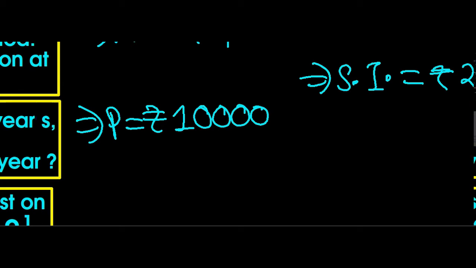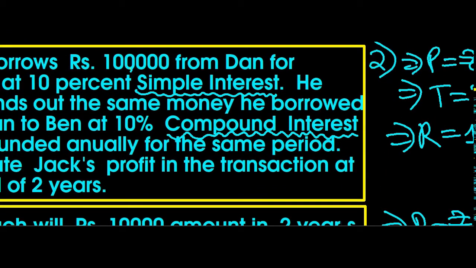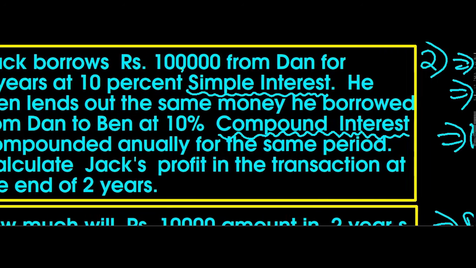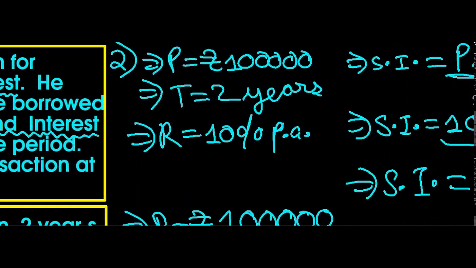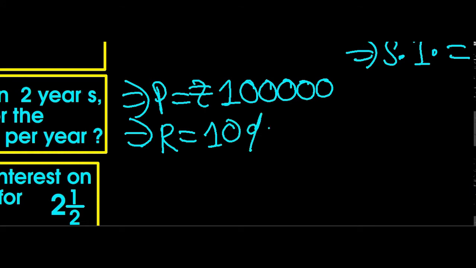Okay, let's cross check. So rate is equal to 10% per annum. n is equal to, we are writing small n as we use this small n in the new formula that I taught you today. So n is equal to 2 years.